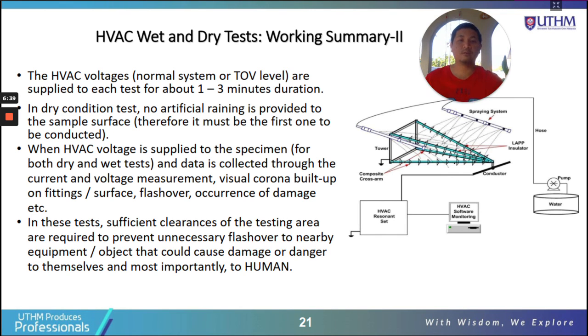So we need sufficient clearance. Of course we perform the dry test, and then we repeat it with the wet test. I think that's it. It's not too complicated on this test.